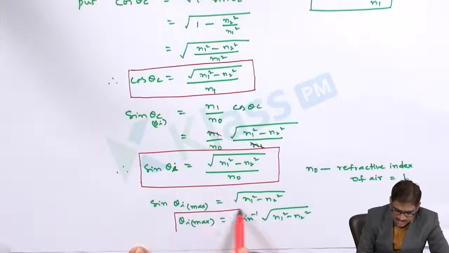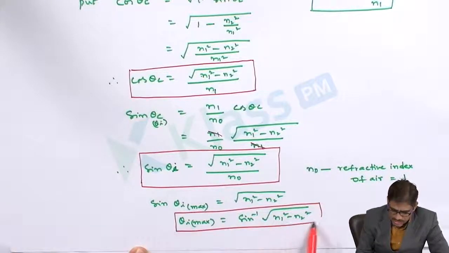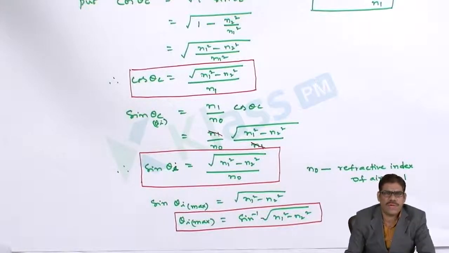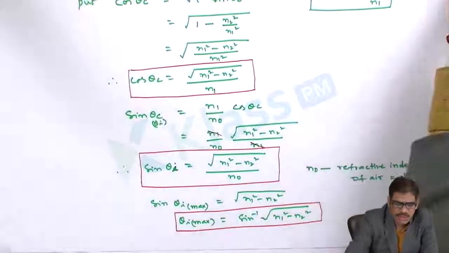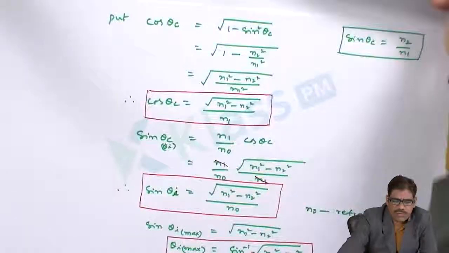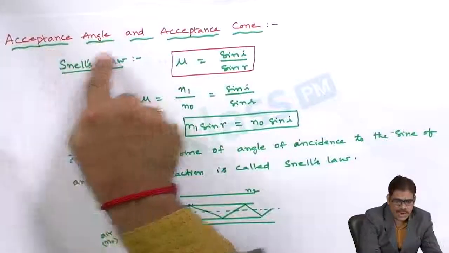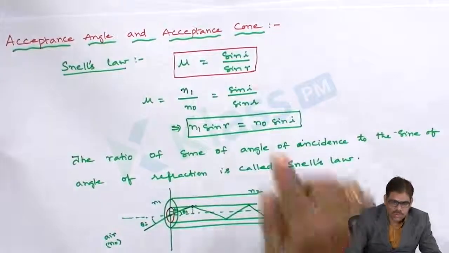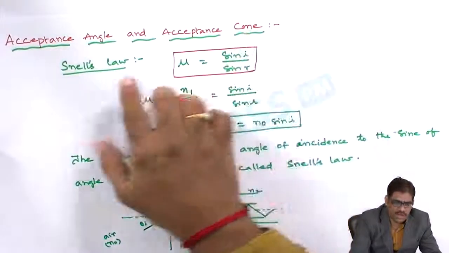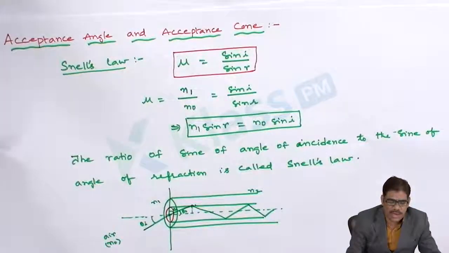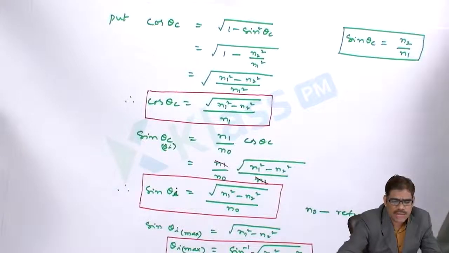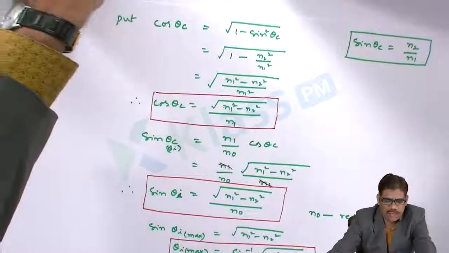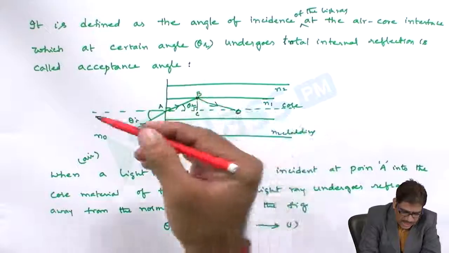The maximum acceptance angle is in terms of n1 square minus n2 square, sine inverse of root of n1 square minus n2 square. Now we said that it is also referred to as the acceptance angle and acceptance cone. So what about this acceptance cone? We have derived the equation for the acceptance angle, but to explain the acceptance cone, consider a light source.